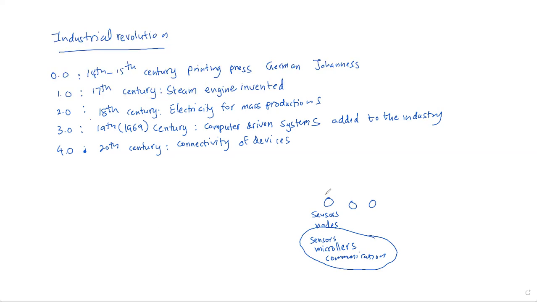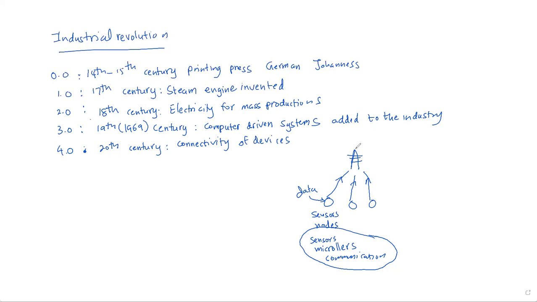So the sensor nodes, as you know, collect information, they collect data. The data will be transmitted to a certain access point. This could be a base station or a router, right? We can collect data in a wireless manner or a wired manner, right?